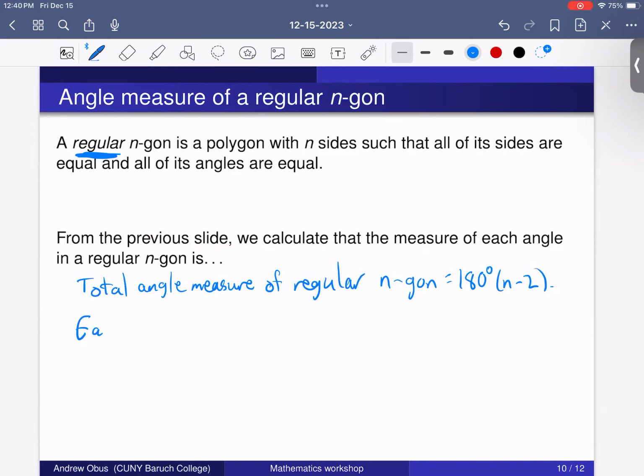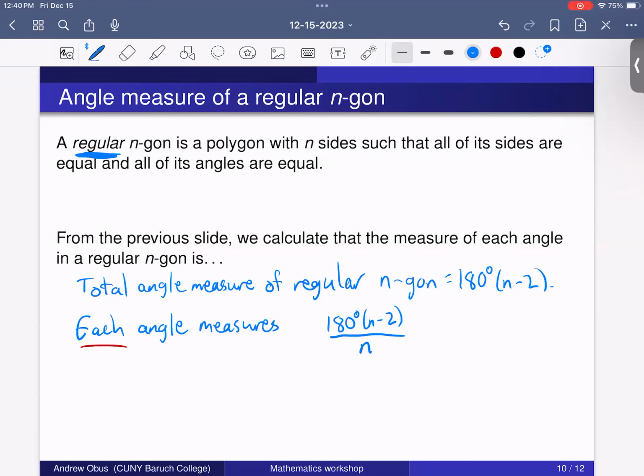So then we get that each angle, well, you've got n angles, right? So each angle measures 180 degrees times n minus 2, and then you divide this by n, because you've got n different angles, and the measures have to all be equal to each other.